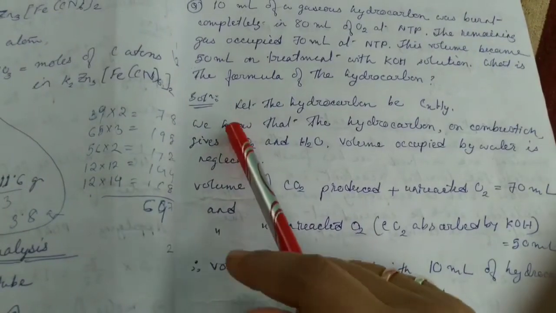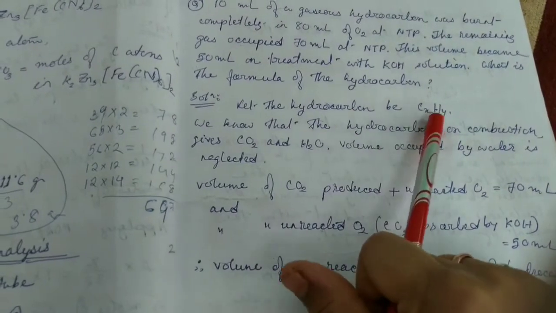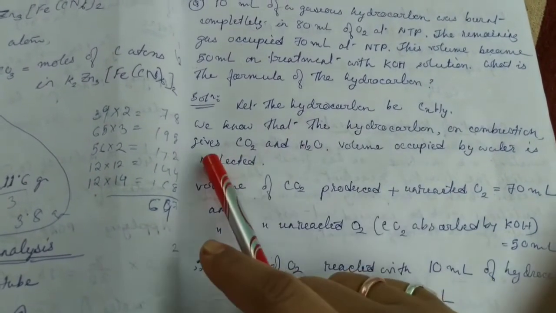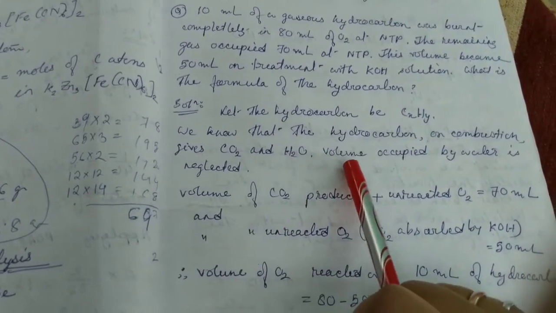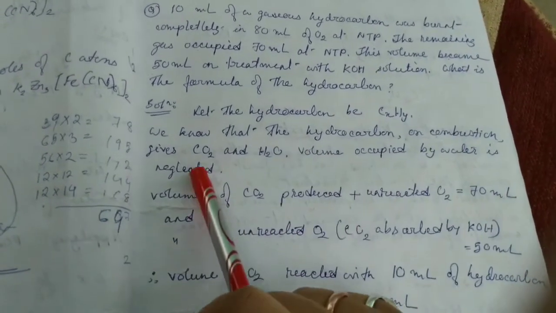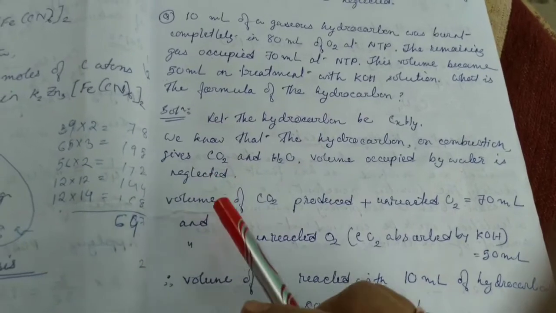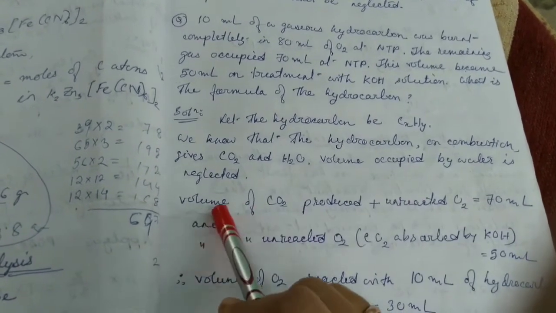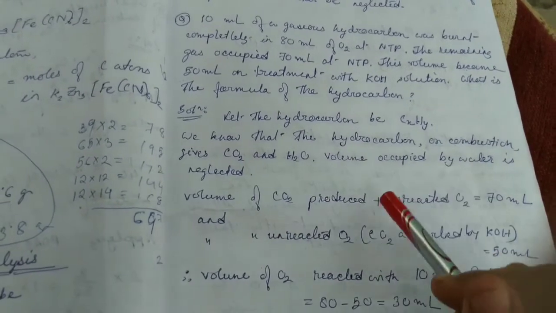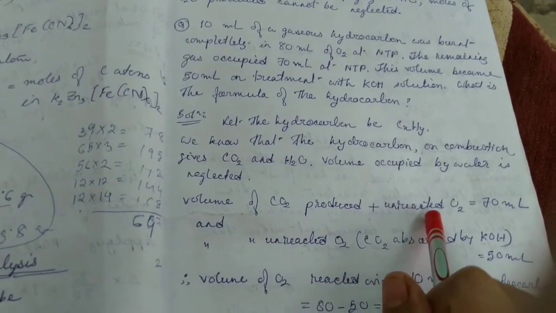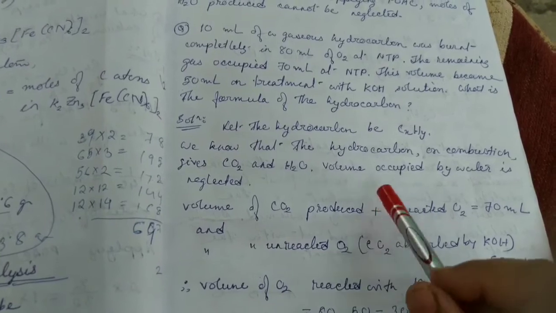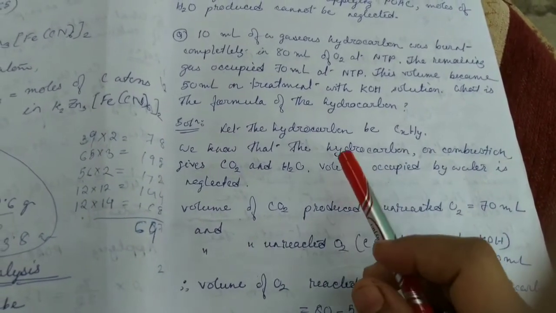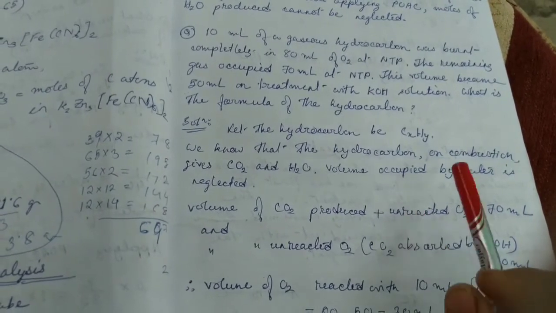Let's come to the solution. Let the hydrocarbon be CxHy. We know that the hydrocarbon on combustion gives CO2 and water, and the volume occupied by water is neglected. So this unreacted 70 ml will contain the volume of CO2 produced and unreacted oxygen. Some CxHy will be completely combusted, but oxygen will be in excess.